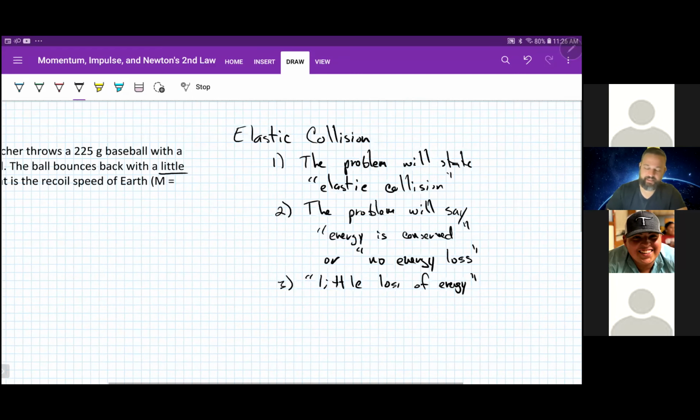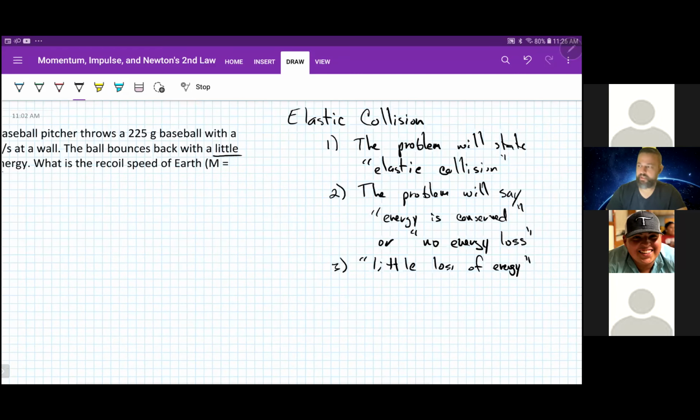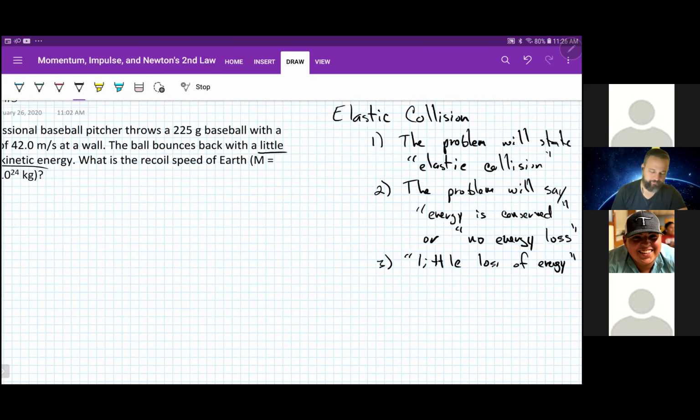If it doesn't say anything like this in the problem, then it's going to be an inelastic collision.